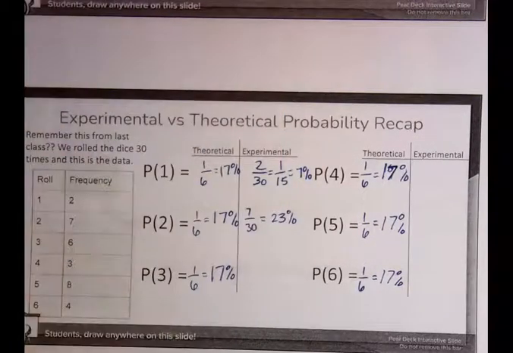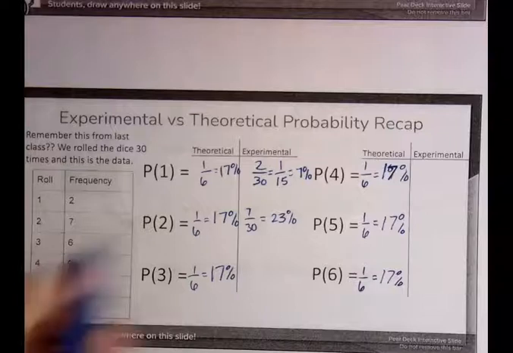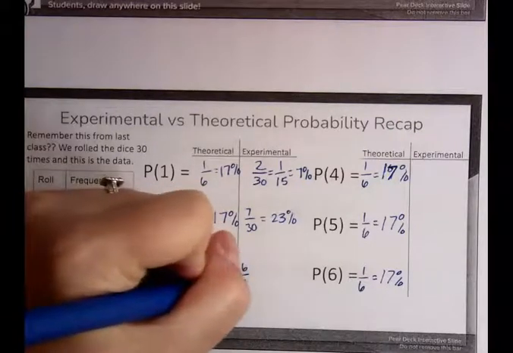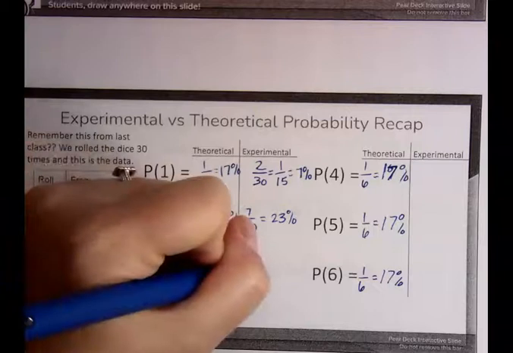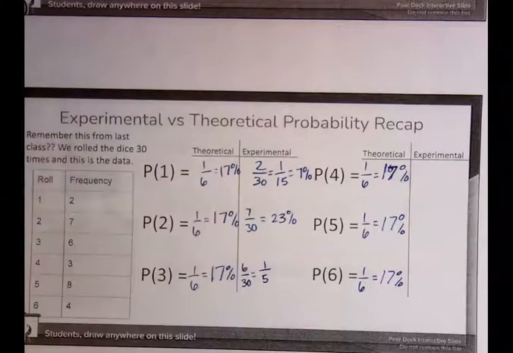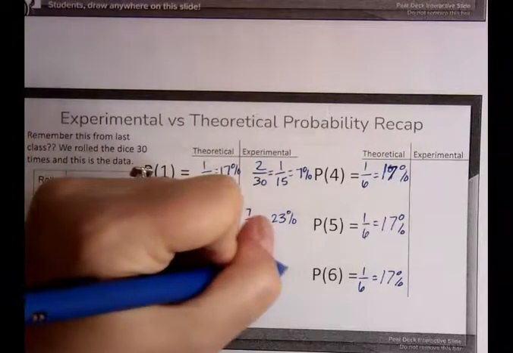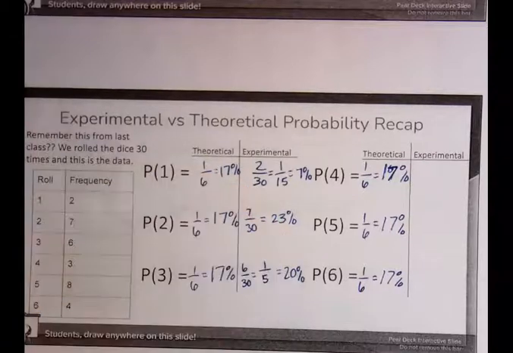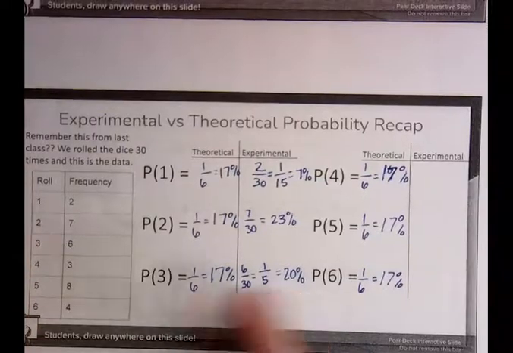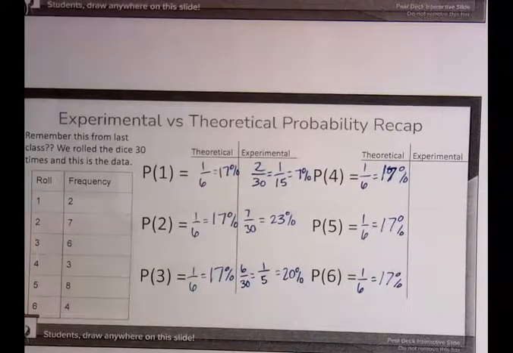I'm just going to go through all of these. 6 divided by 30. Remember, it has to be a reduced fraction, so we're going to reduce it to 1 over 5, which is a 20% chance, or, excuse me, it's 20% of the time we rolled a 3.